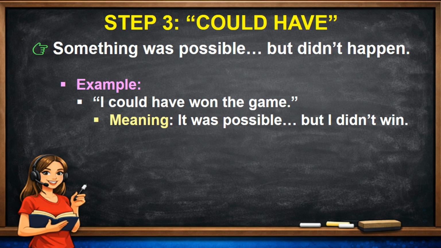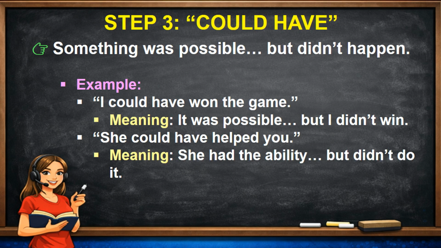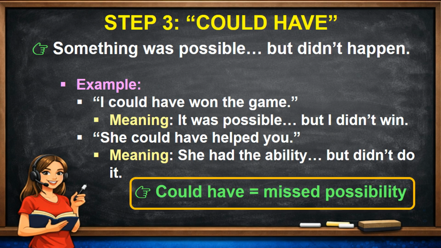Let's have another example to make it clearer. She could have helped you. And the meaning of this sentence is, she had the ability, but didn't do it, or she didn't help you. So bear in mind, we use could have if we missed the possibility. Got it?